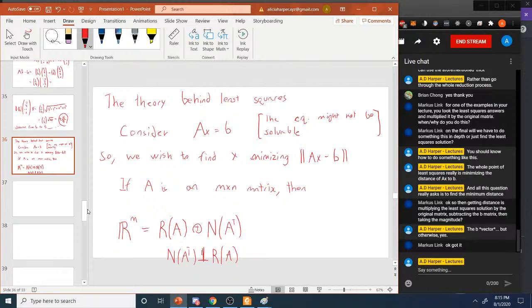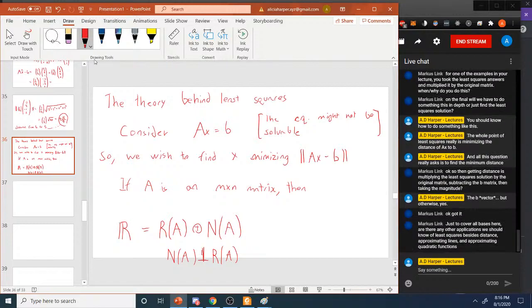So what we can do is write, actually I want to do this slightly differently. I'm going to change this and I'm going to make this R^n.